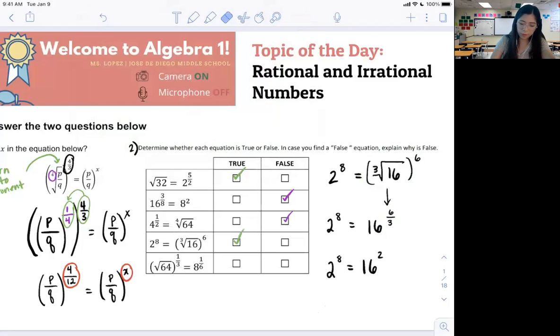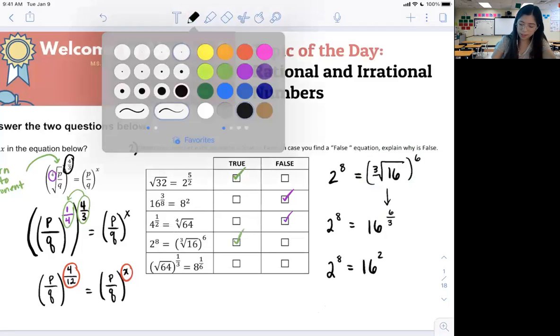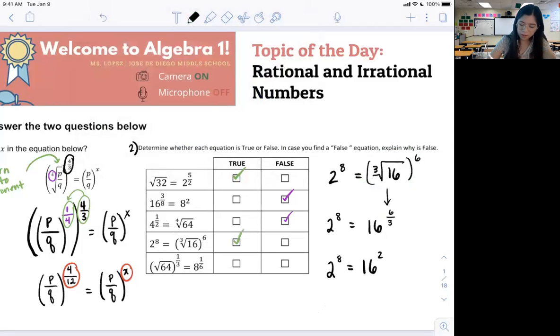Now, one more thing. I just kind of want to show you this again. 2 to the power of what is 16? 2 to the power of 4 is 16, right?